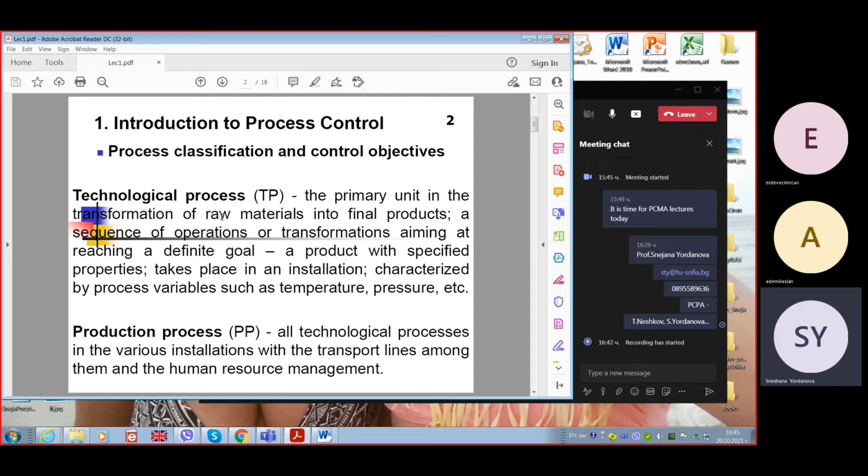Now, the processes are classified into technological. These are the processes of transformation of raw material into final products with specified properties. This is the goal of the process that takes place in an installation. This process, in order to be run correctly, is characterized by process variables, for instance, temperature, pressure.